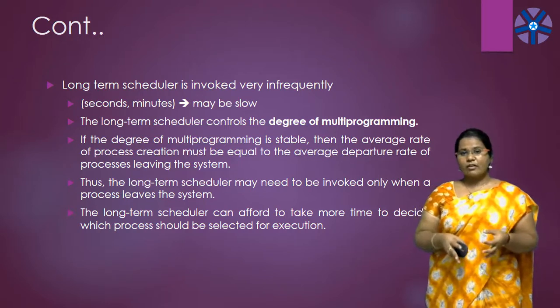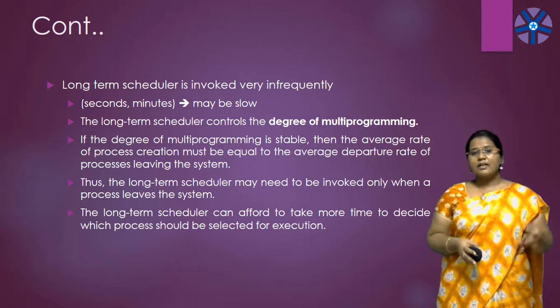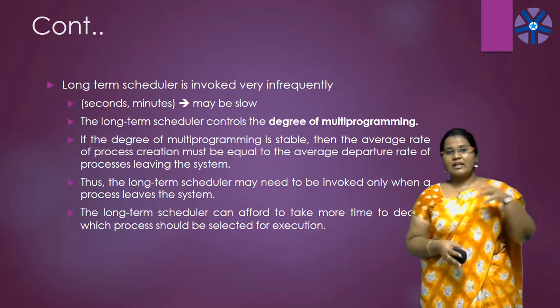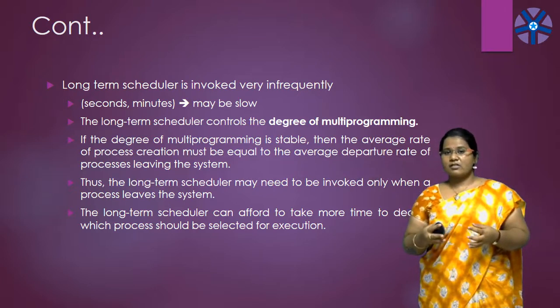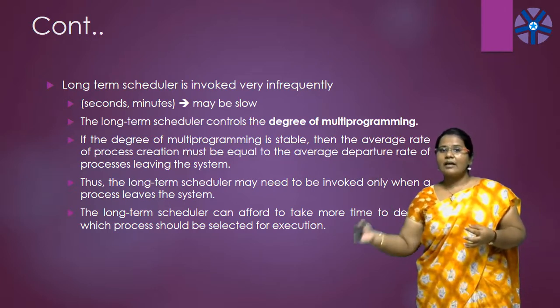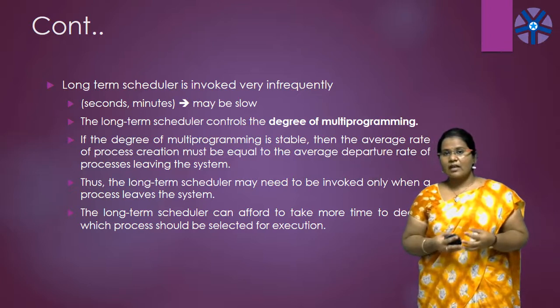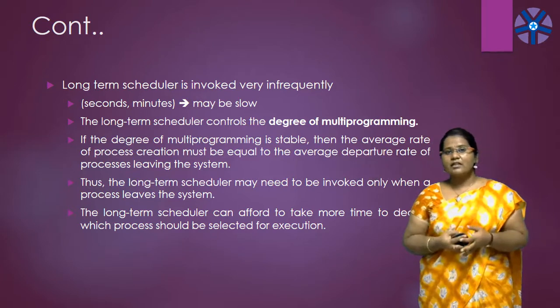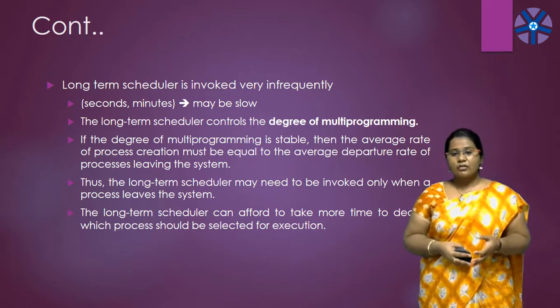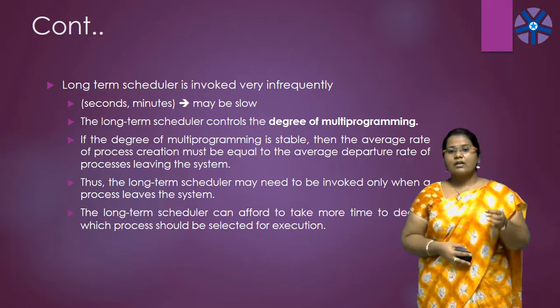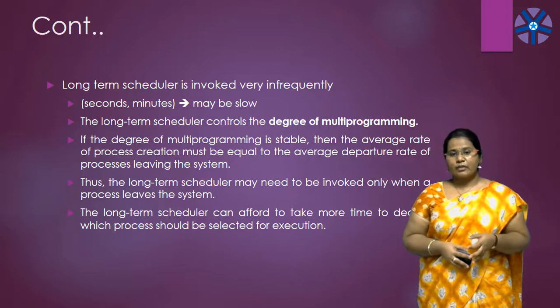So what is this degree of multiprogramming? The number of processes that are being created, along with the number of processes that are completing their execution, comes under the degree of multiprogramming.